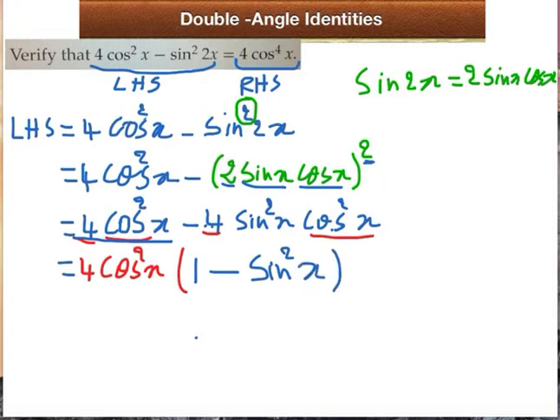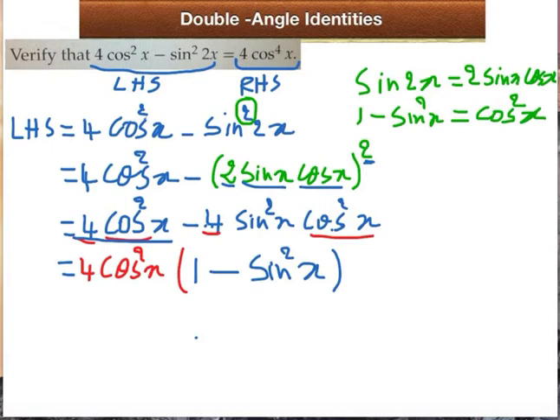Now, do you remember how to change 1 minus sine square into cosine? Who knows what that is equal to? Cosine or cosine square? Cosine square. Do you remember where we get that from? Which identity? Salmin, do you remember? Sine square plus cosine square equals 1.